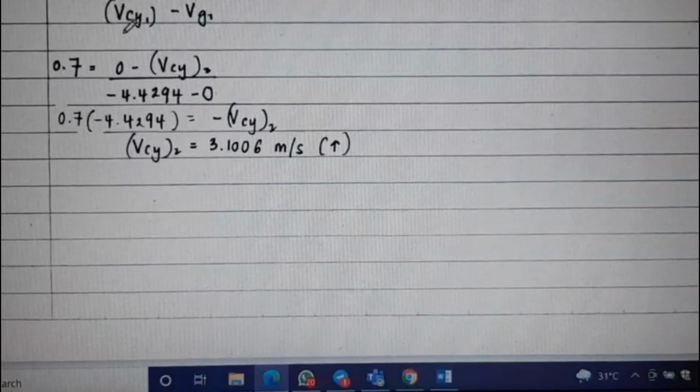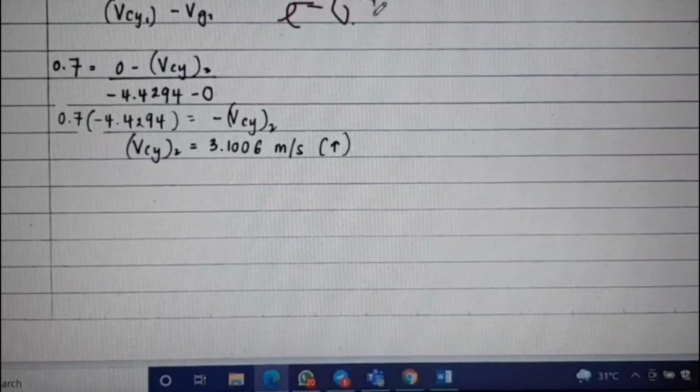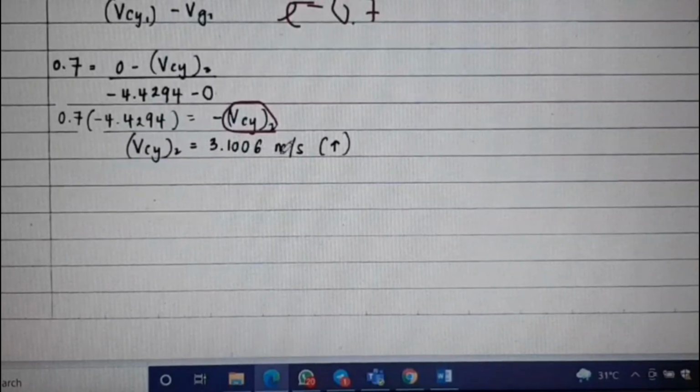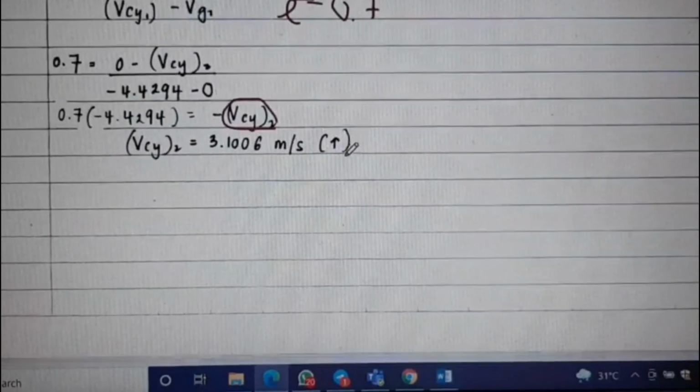Given e equals 0.7, substitute the value into the equation and we got 0.7 equals 0 minus vcy2 over negative 4.4294 minus 0. Then solve the equation to find vcy2. We got vcy2 equal to 3.1006 meter per second going upwards.